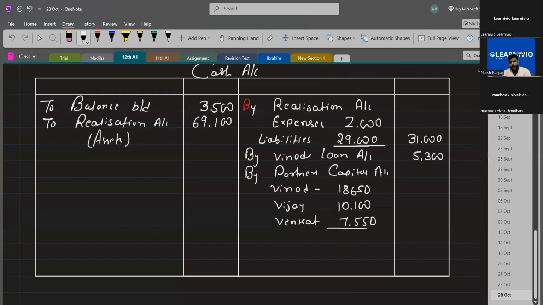So on the credit side, it will be 36,300.